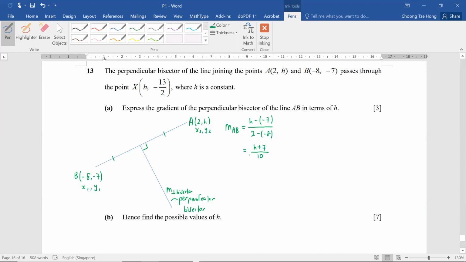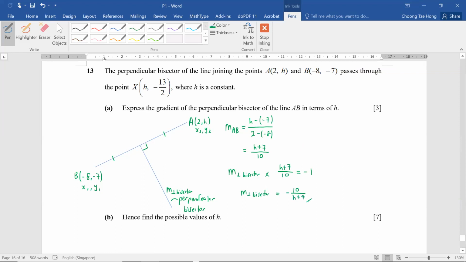So this is the gradient of AB. The concept here is that the gradient of the perpendicular bisector times the gradient of AB, which is h plus 7 over 10, is going to give you -1. So we can get the answer quite easily. The gradient of the perpendicular bisector is -10 over h plus 7.